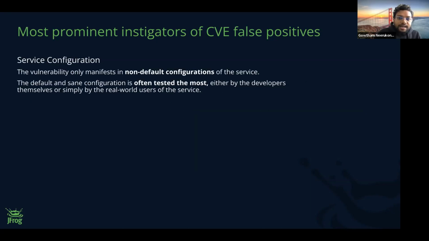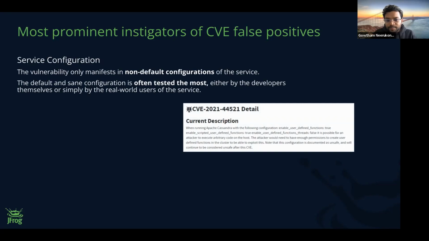Similarly, as I mentioned, a lot of services that are released to the community are tested for the most default configurations and real-world scenarios. So you can be assured that they are completely safe to use. One example here is the Apache Cassandra service, and here you can see for CVE-2021-44521, we have a detailed explanation of the conditions or configuration parameters under which the given service needs to be invoked for the vulnerability to be exploited.